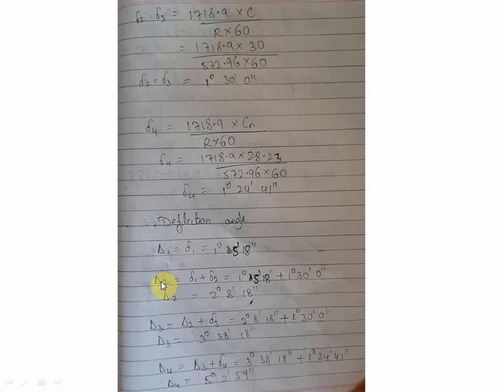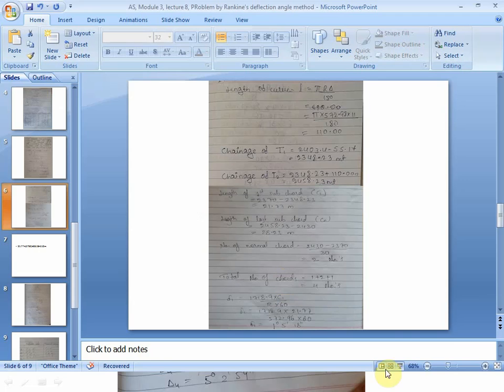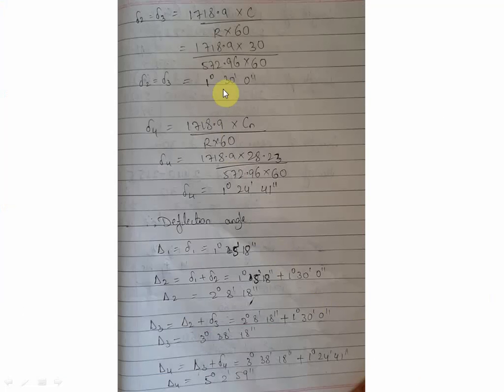Okay, again deflection angle 2 is tangential angle 1 plus tangential angle 2, correct? So this is 1 degree 5 minutes 18 seconds plus 1 degree 30 minutes 0 seconds. So you will get total deflection angle 2 as 2 degrees 8 minutes 18 seconds.